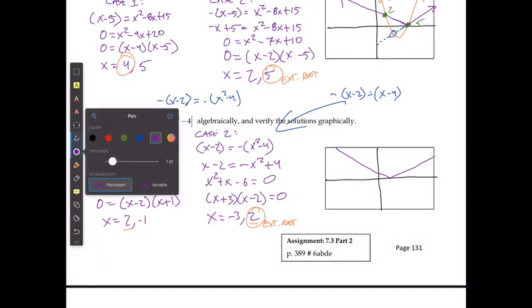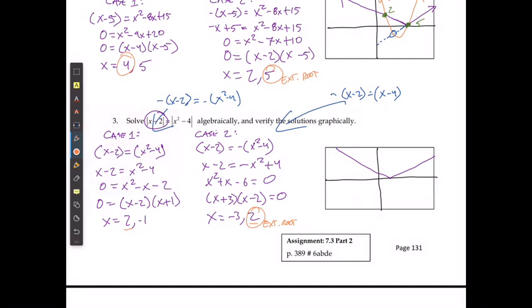I'm going to state that my right side is going to be the other equation, and that one is going to look something like this. And then I can see that I have 3 points where they cross. One is going to be when x is equal to negative 3. One is going to be when x is equal to negative 1. And one is going to be when x is equal to positive 2, which are my 3 solutions there.